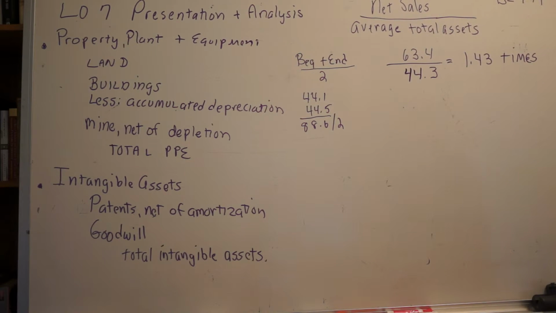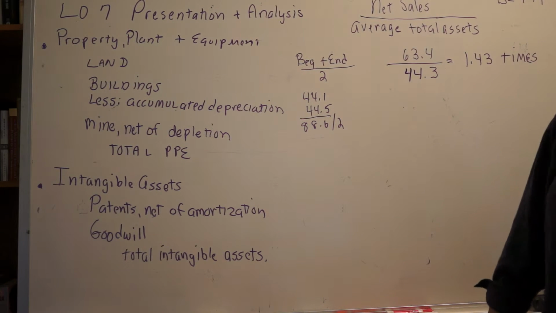Now that really doesn't tell us much unless we compare it with how this company did last year, come up with the asset turnover ratio for last year. Or we can compare it with other companies in the same industry.